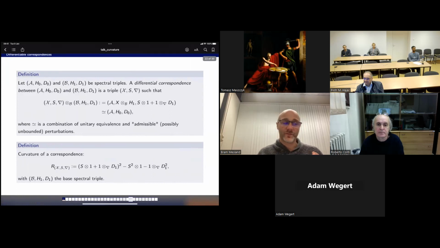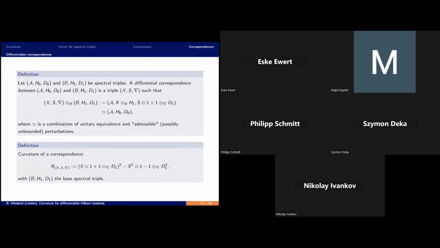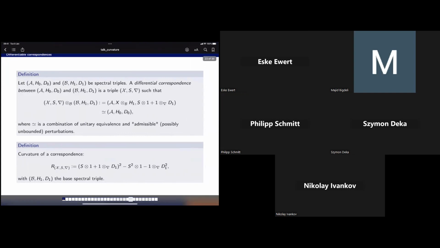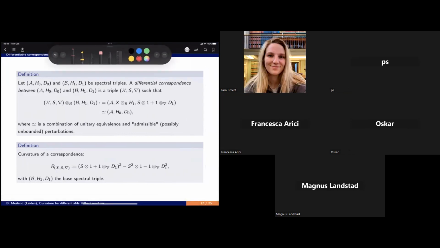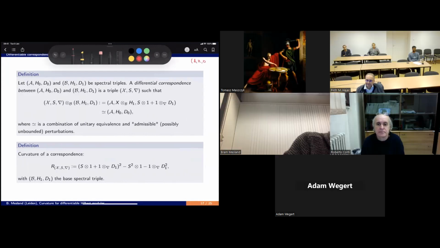So before we had a spectral triple, I lose my, yeah, there it is again. So we have a spectral triple A, H, D, and we have some module, and basically what one is doing is constructing a new spectral triple type object.